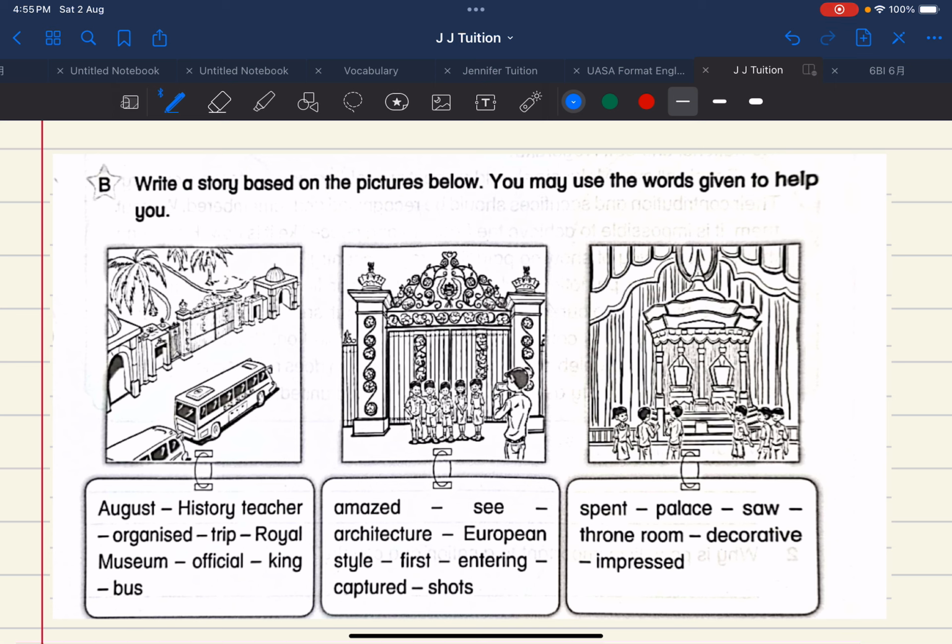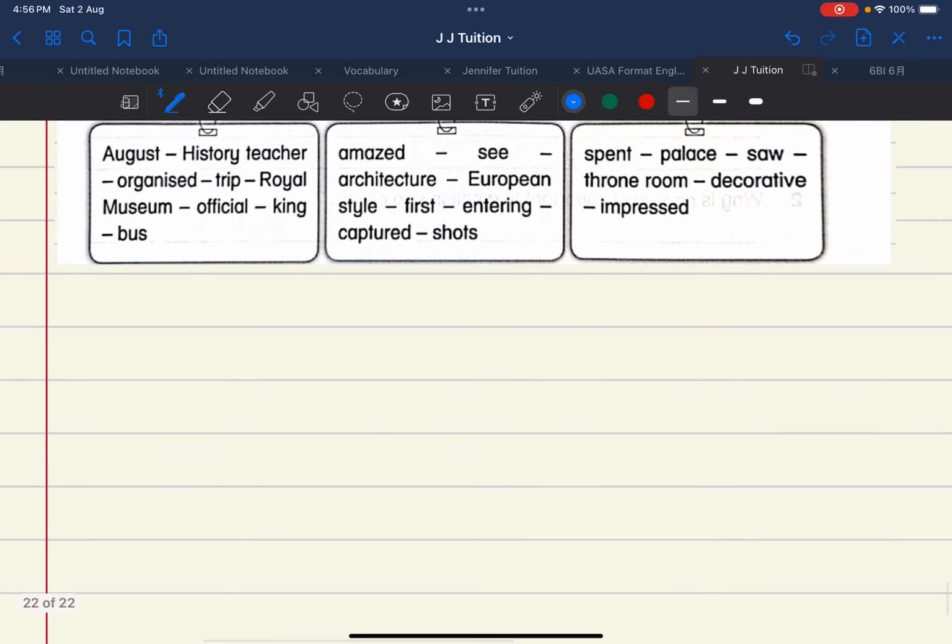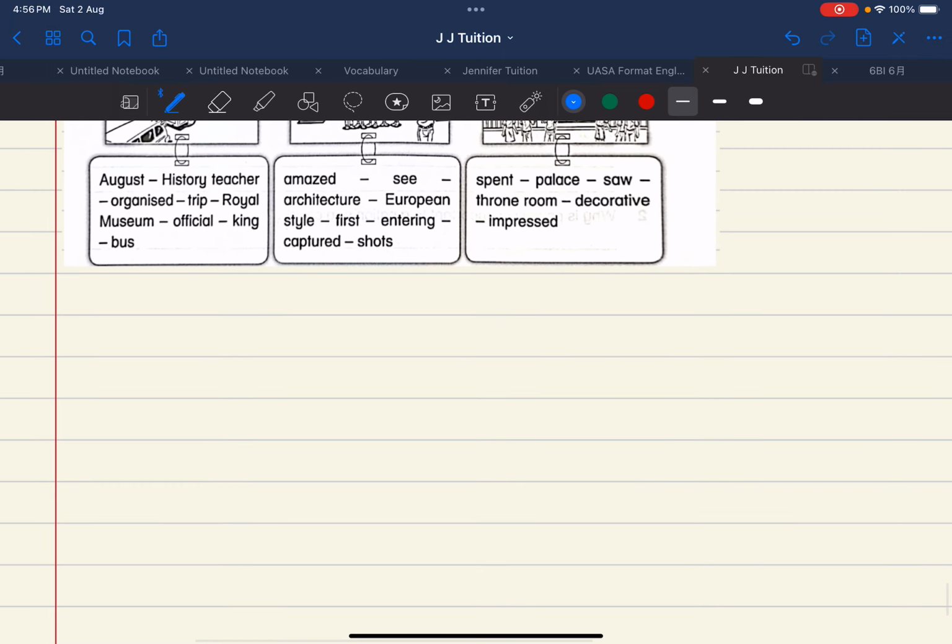First of all, we need to decide, based on the question, whether we need to use past tense or present tense. Okay, so we can look here, it says organize. It means that this story you're going to write in the past tense. Okay, let's start. So you can write down the question.